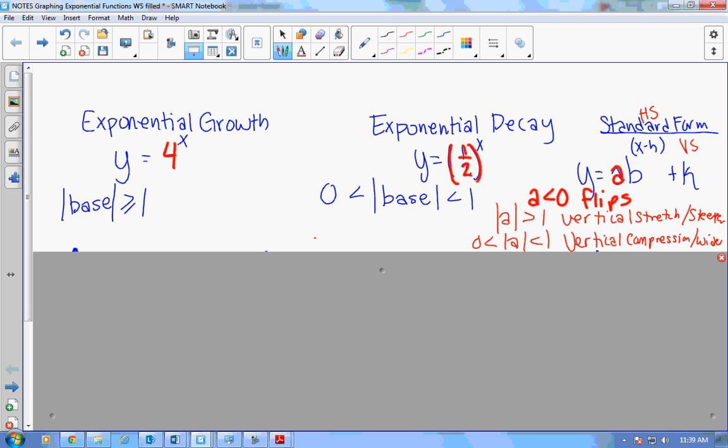Horizontal shift, vertical shift. Horizontal shift, is that the same or the opposite? We say opposite, and this one is same. Same. Has the same properties that we went through on all of the functions last class.